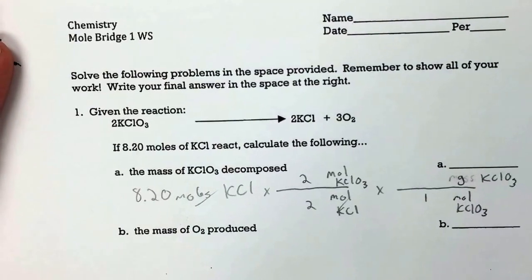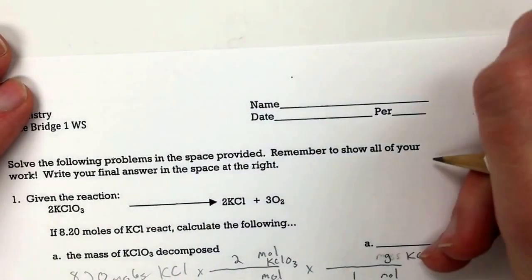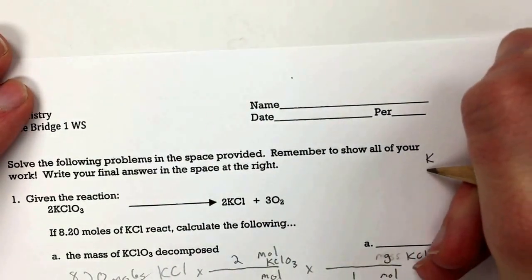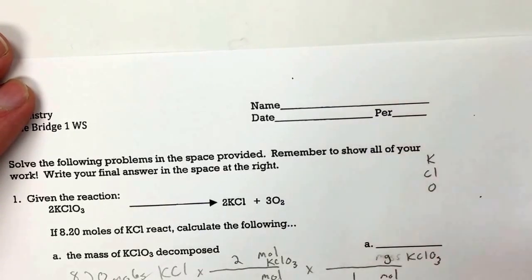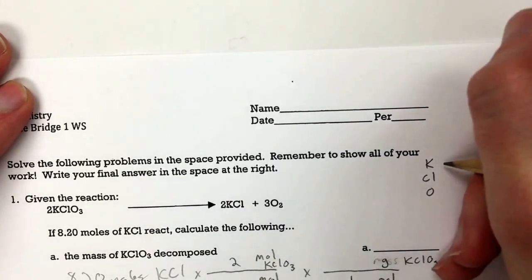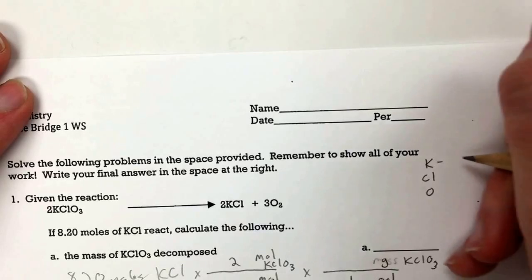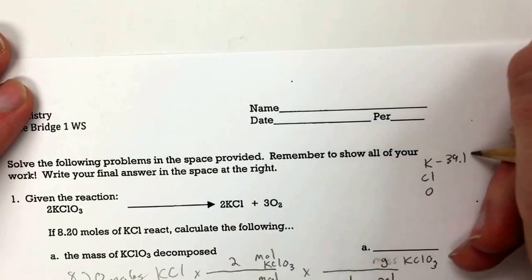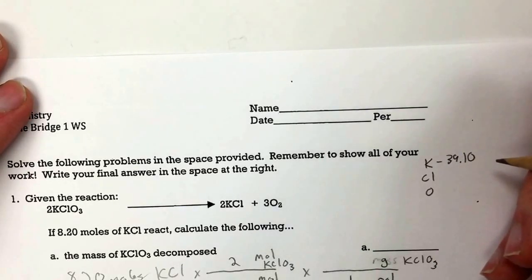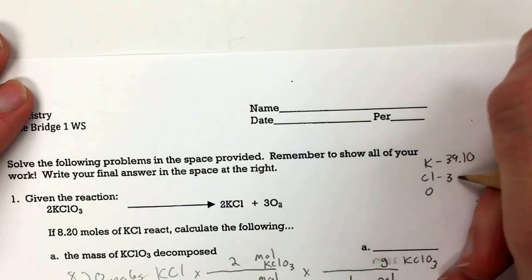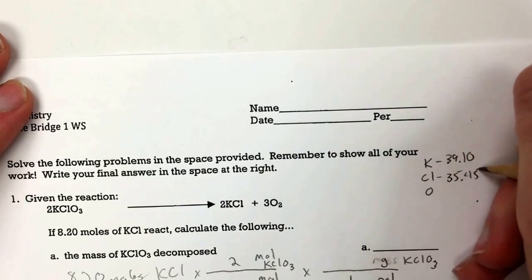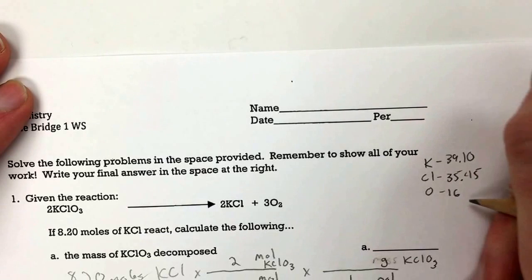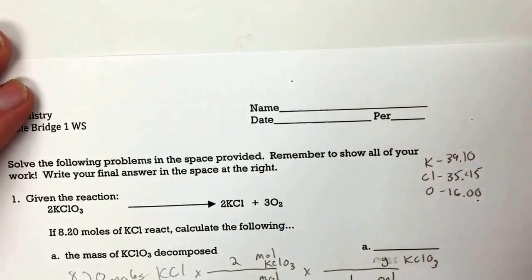But for KClO3, we're going to have to calculate the molar mass. So we'll do that up here. So we have potassium, we have chlorine, and we have oxygen. Okay, so for potassium, we have 39.10 for its atomic weight. For chlorine, it's 35.45, and then for oxygen, it's 16.00.